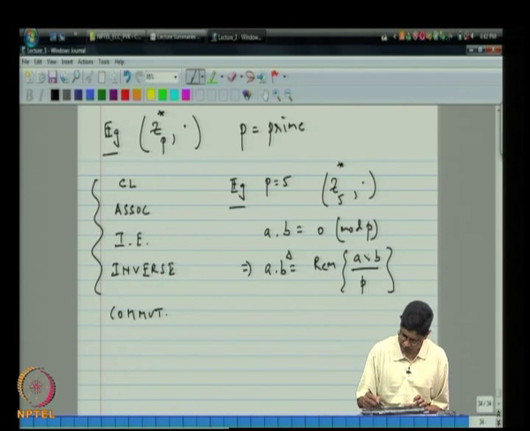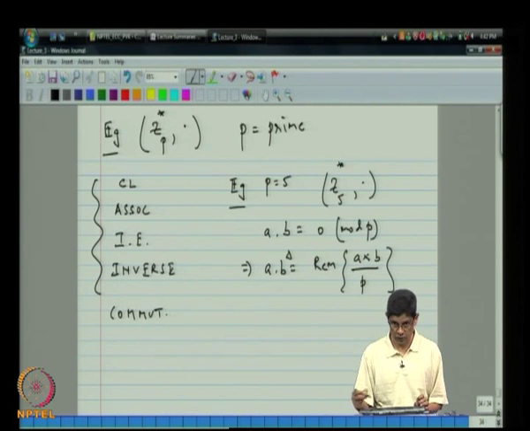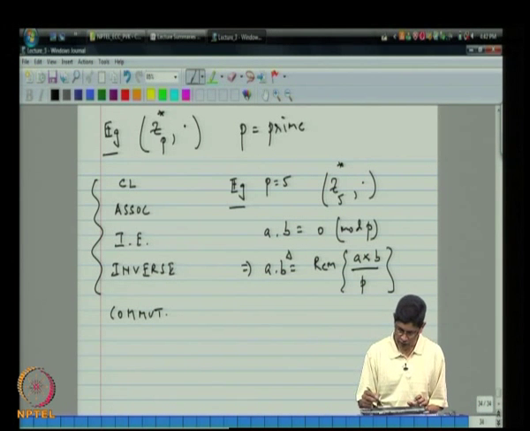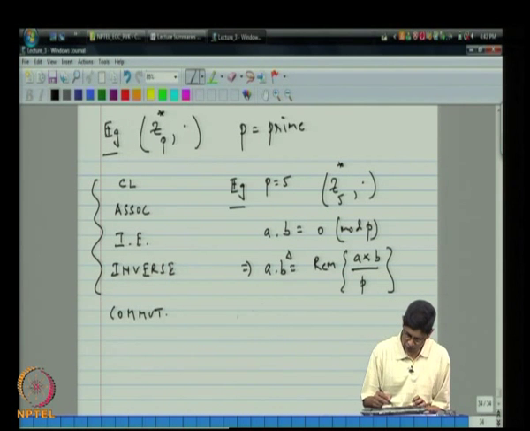Let me put down multiplication here. This is ordinary multiplication, and that is what you really mean when you write down A times B. So, if the product is 0 mod P, that means there is no remainder, which means that P divides A times B.